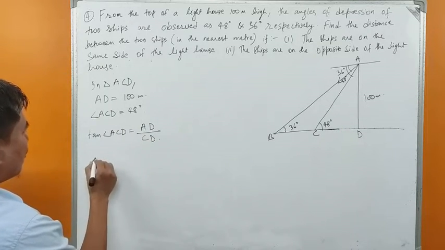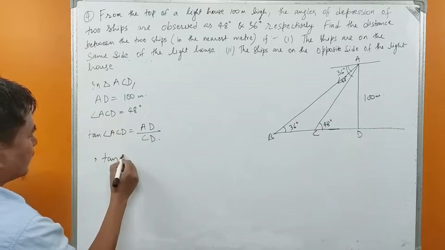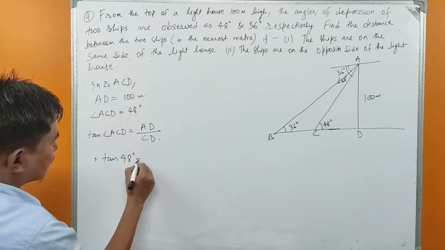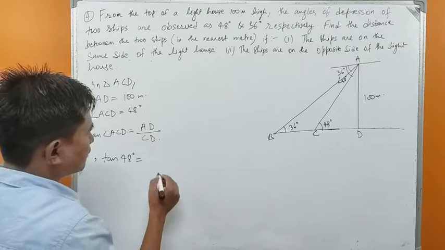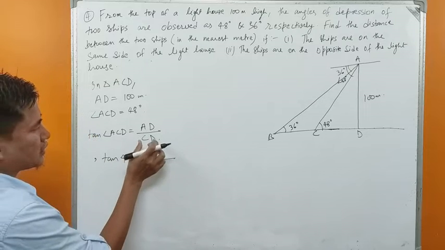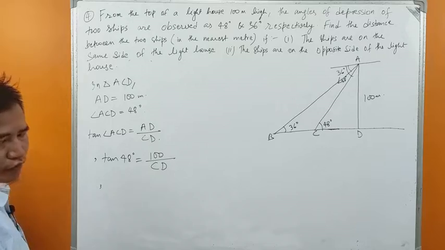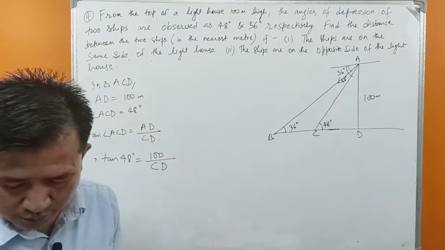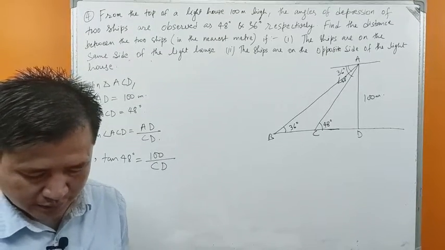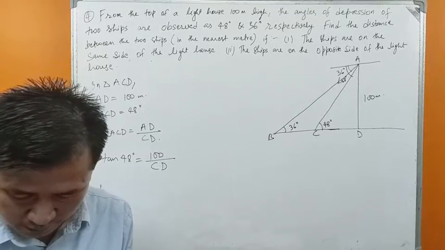So the base is CD. Tan of angle ACD, given to us as 48 degrees, equals AD. AD means 100. We know the value of AD, this is given to us. CD is unknown, so we write CD. We do not know the value of tan 48, but we can use the trigonometric table for that. The trigonometric table will be provided during the examination.